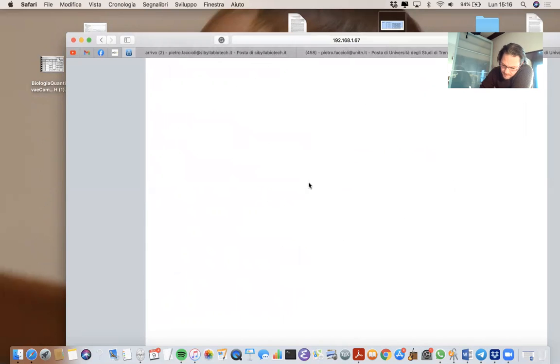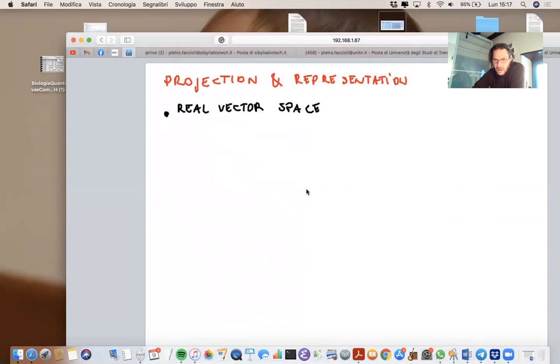Let's talk about projections and representation, and we do so by first considering the real vector space, and then looking at what happens when we discuss Hilbert spaces.